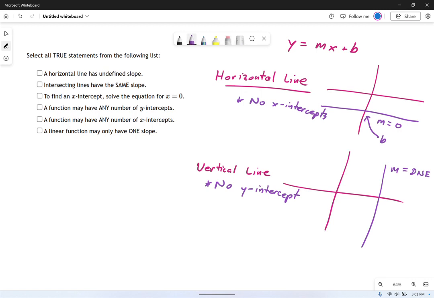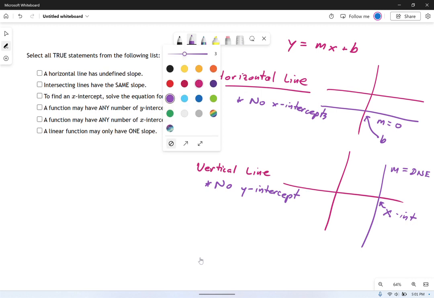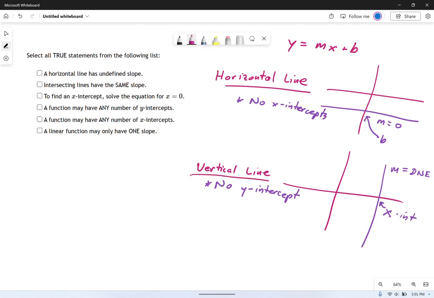Usually a vertical line has no y-intercept, because your x-intercept is a non-zero value. Now, if your x-intercept were at 0, then it would be a little more complicated to describe this. But this is usually the case right here.